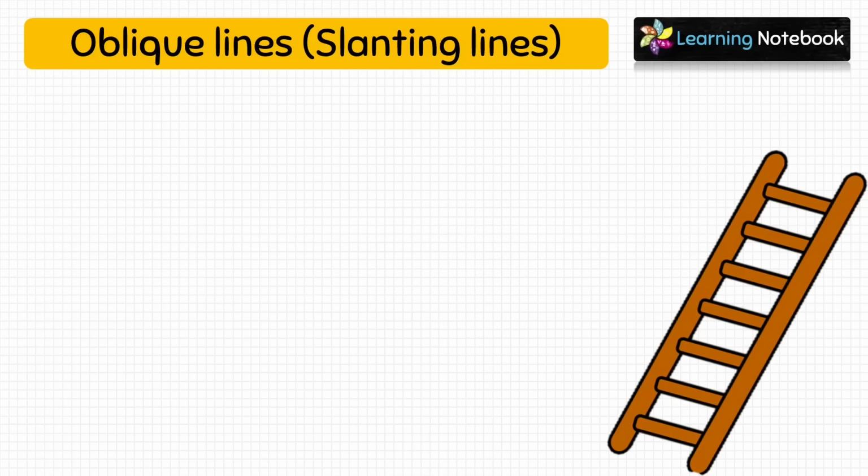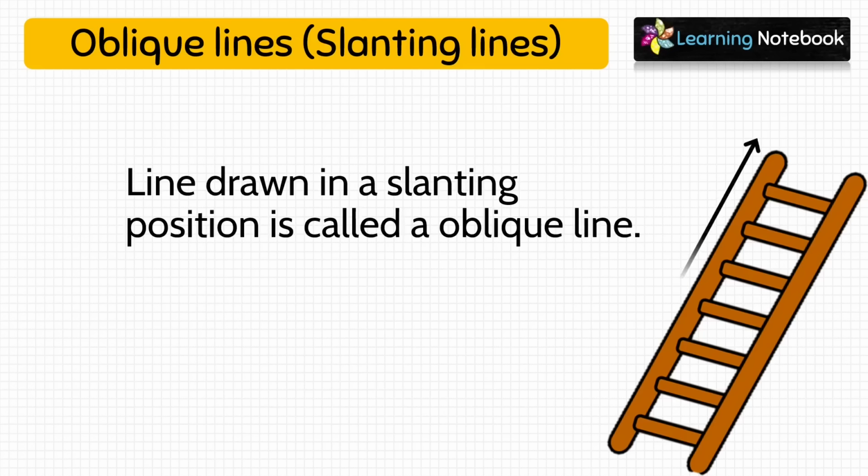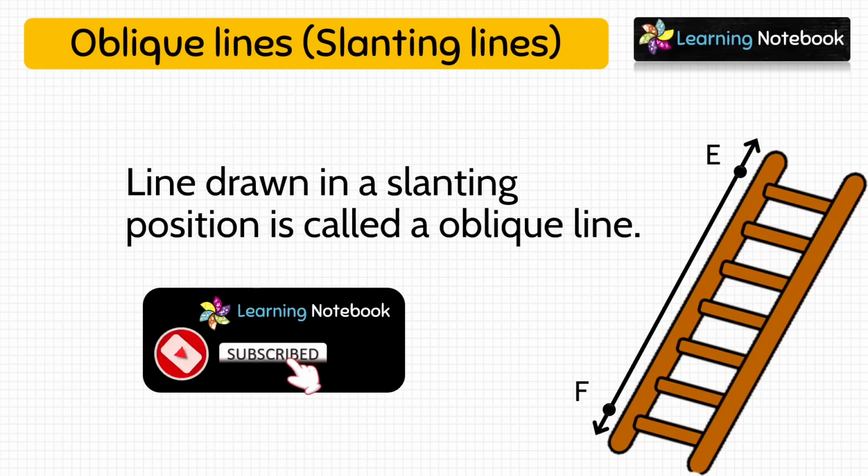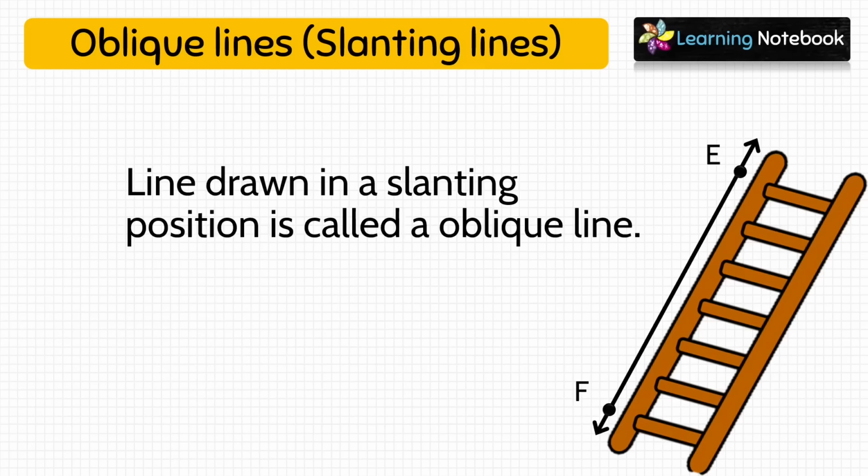It is in a slanting position. So, a line which is drawn in a slanting position is called an oblique line. Here, line EF is drawn in a slanting position. So, EF is an oblique line.